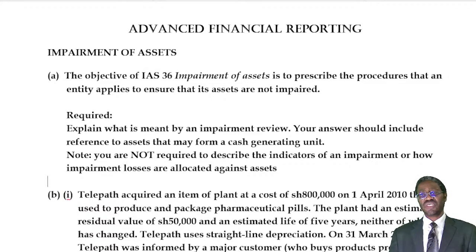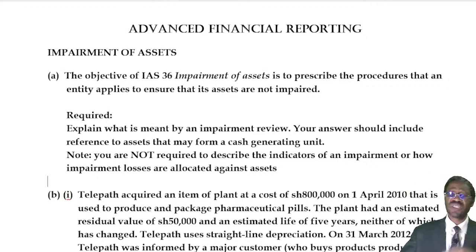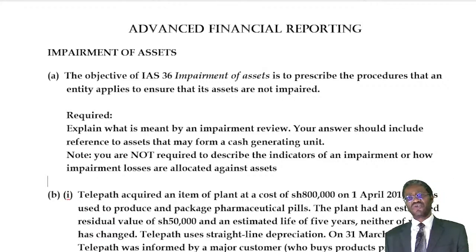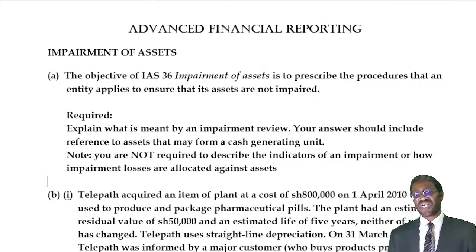Your answer should include reference to assets that may form a cash generating unit. I'll remind you first what a cash generating unit is. Then the other part says you are not required to describe the indicators of impairment. We shall discuss that later. Don't panic, we can do it later.